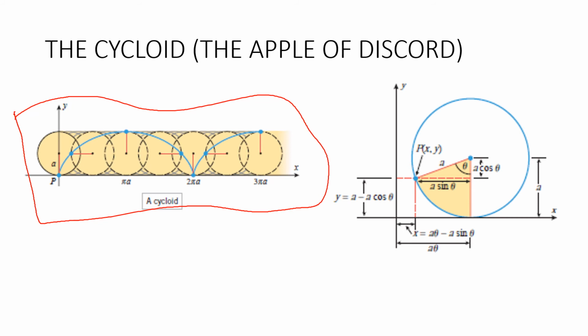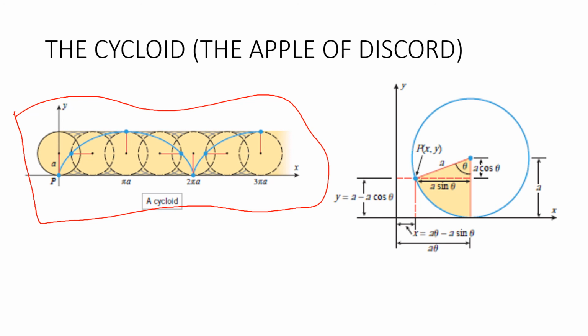For this purpose, let us assume that the circle has radius a and rolls along the positive x-axis in the rectangular coordinate system. Let P, a point (x, y), be a point on the circle that traces the cycloid, and assume that P is initially at the origin.